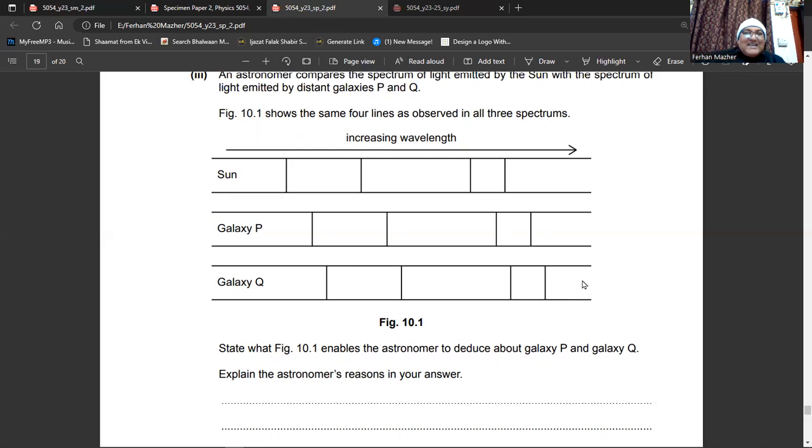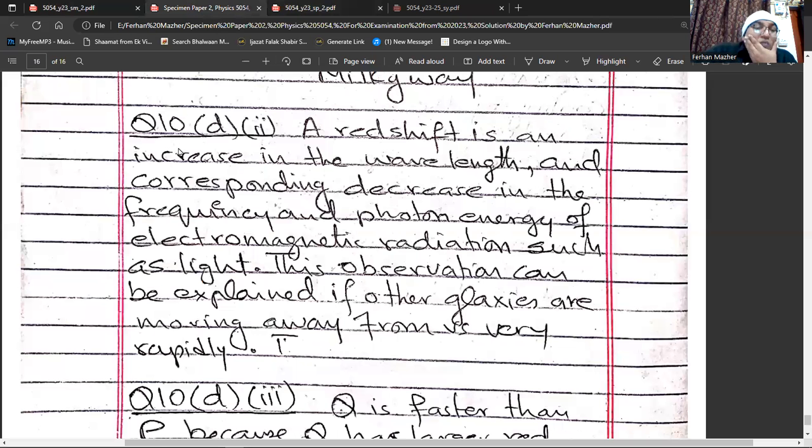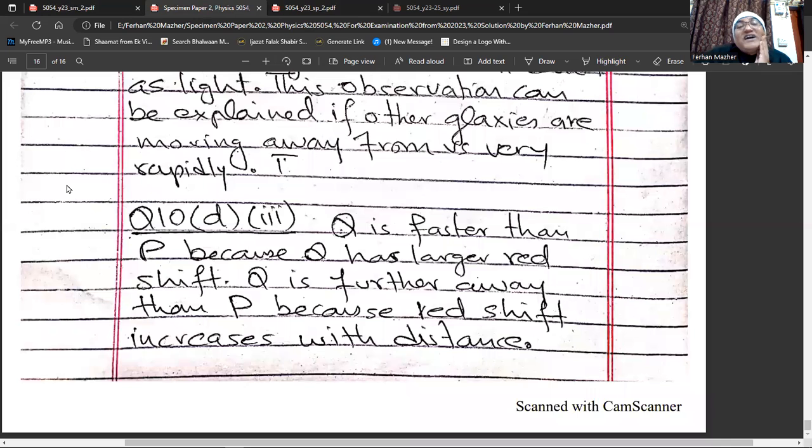So it means Q and P, they both are going away. That's why their spectrums are more toward the redshift as compared to the spectrum of the light of the sun. And Q is faster than P because Q has larger redshift.